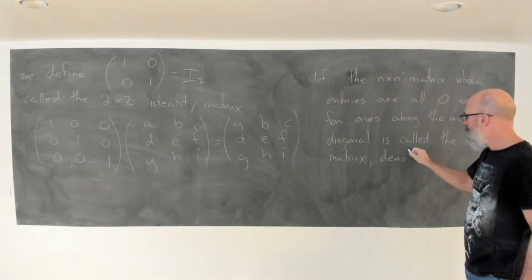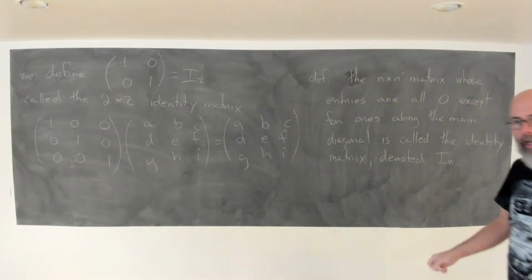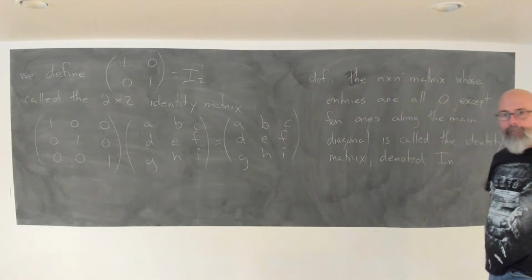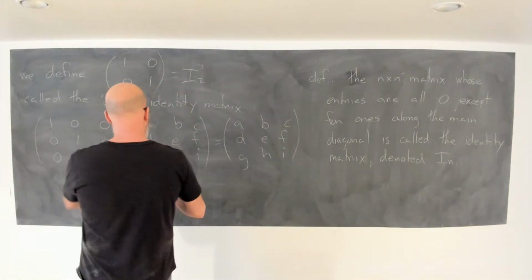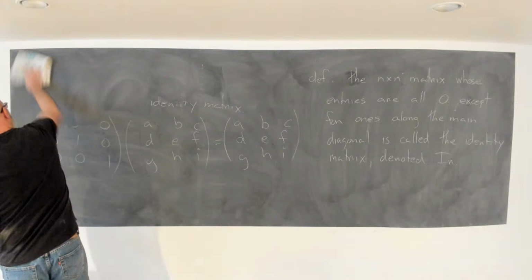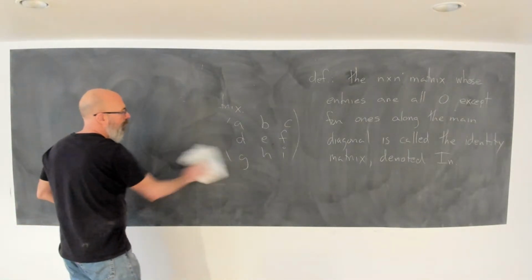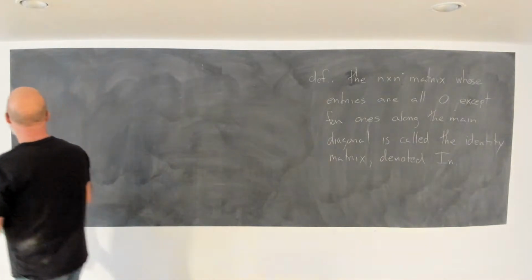It is denoted I_n, n being the size, right, n by n. This identity matrix has the property that if you multiply any matrix by the identity matrix, you get that other matrix back.